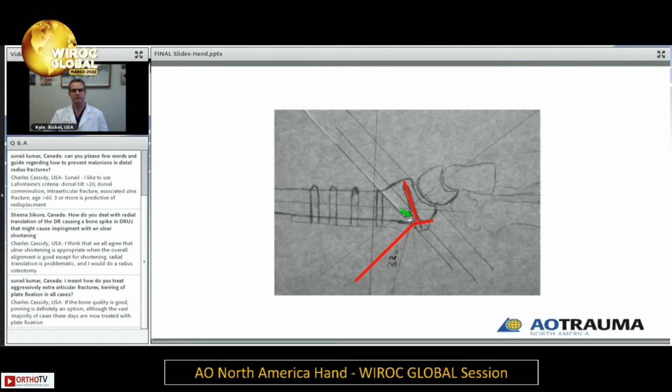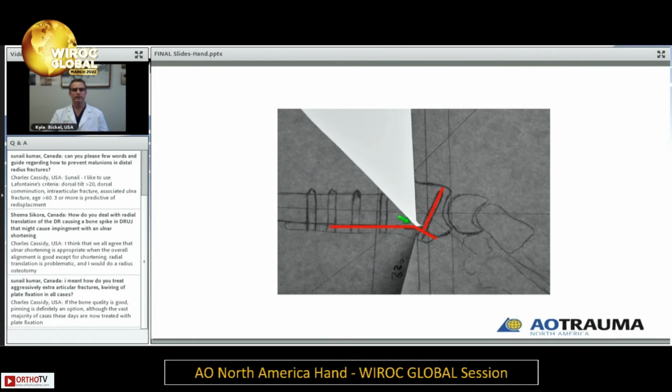I don't like to saw into the plate, but if you're careful, you can saw right up to it, leave the volar cortex intact, and then just crack it. And that's done here. And then finally, you can see fixation of the plate to the cortical shaft, which creates the opening wedge defect, correcting that angle and restoring volar tilt.